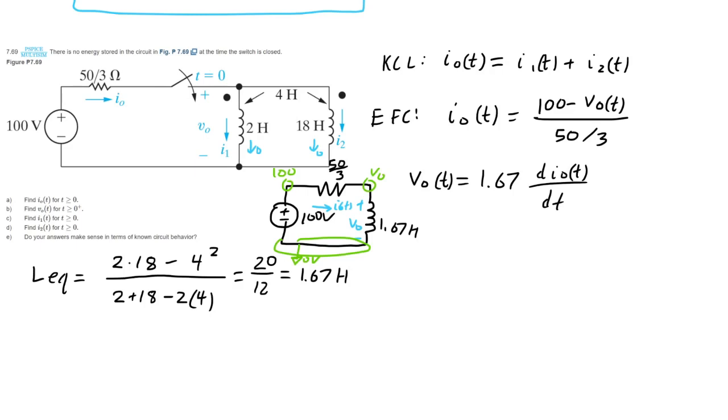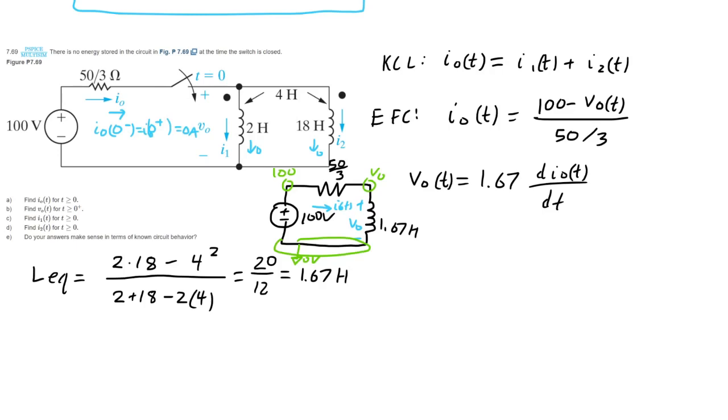So we're going to plug in everything. Well, let me actually find the initial and final conditions, because we're going to need those. So IO 0 minus is going to be IO 0 plus, for the reason we discussed before.